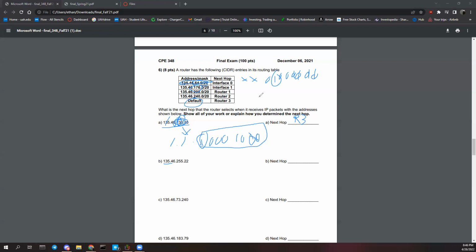So anything between 128 and, what is 128 plus 15? 143. Anything between 128 and 143 would work.